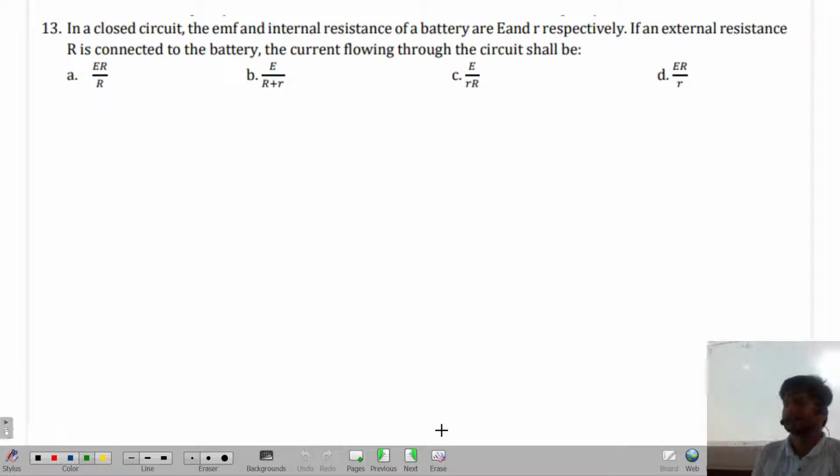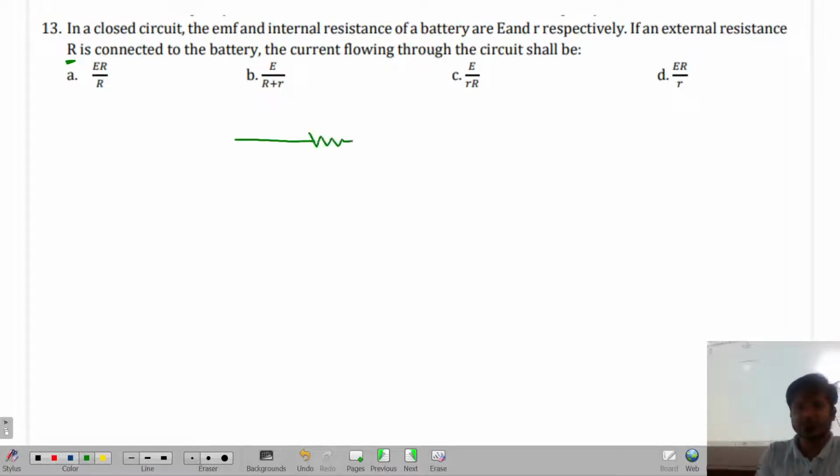Next question, 13. A closed circuit: the EMF and internal resistance of the battery are E and small r respectively. The external resistance is capital R. The current flowing through the circuit will be?